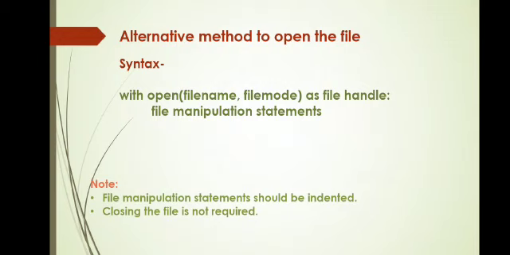That was mandatory. But in this method, when these file manipulation statements have been executed and their task is done, you don't have to write the statement for closing the file. The file will be automatically closed. So one step is reduced because of this method.